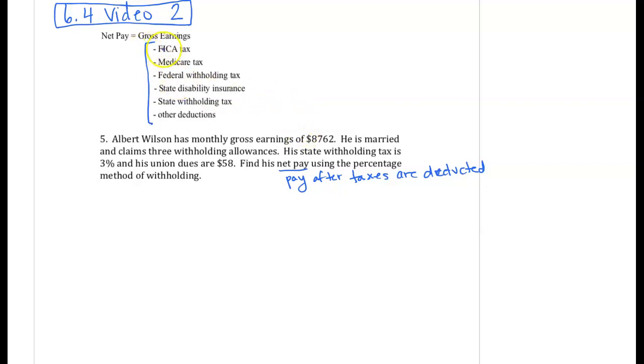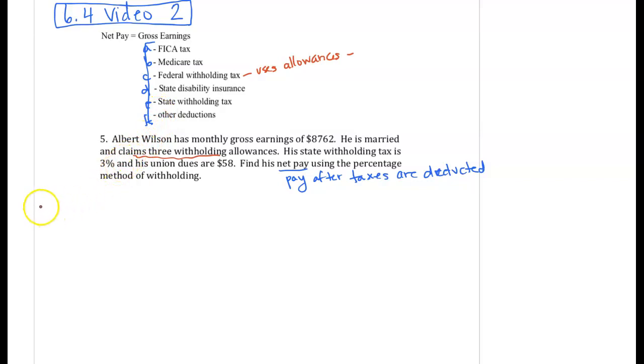I'm going to label them as Part A, Part B, all the way to Part F so that we don't miss any. One thing to note is out of all of these, the only one that uses allowances is the federal withholding tax. I usually calculate this last, but you could go in order A, B, C, D, E, and F.